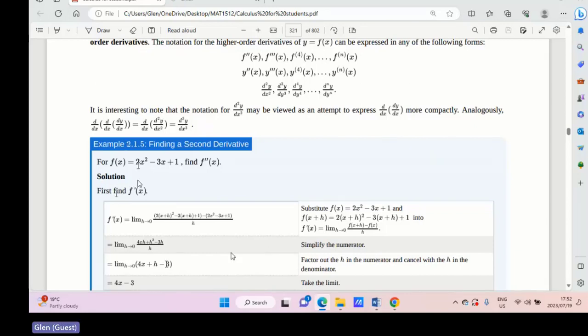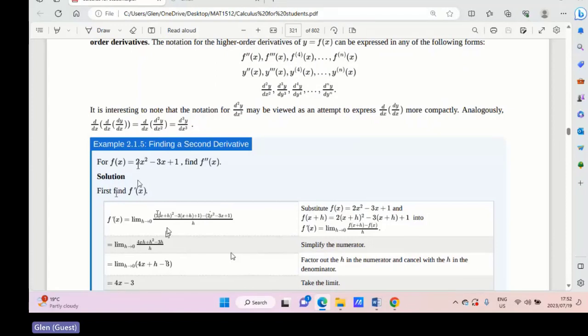Now, Tando, you have no choice. We have to use that formula to find the first derivative. Now we are applying that formula, f of x plus h minus f of x all over h.